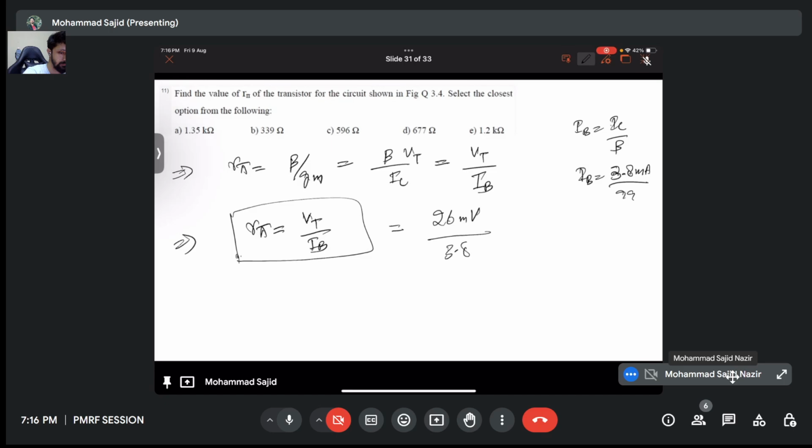So my R pi is 99 multiplied by 26 divided by 3.8, 677 ohm. So this is your R pi.